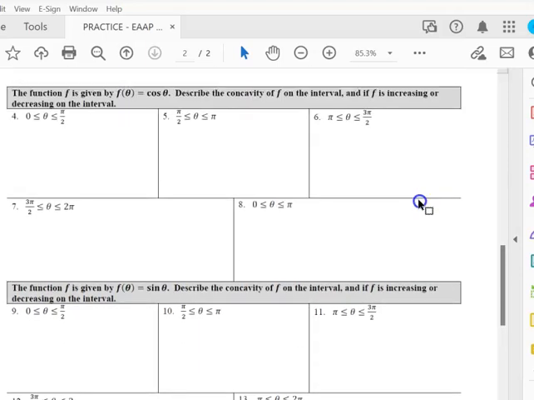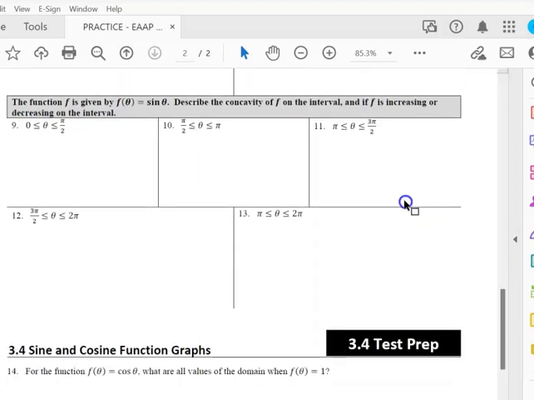All of these are questions about the basic cosine curve and the basic sine curve, and they are asking you about concavity and increasing and decreasing. So in each of these blanks, for each of these intervals, you're going to say whether the graph is increasing, concave up, decreasing, concave down, increasing, concave down, decreasing, concave up, something like that. That's what you're writing in all these blanks.